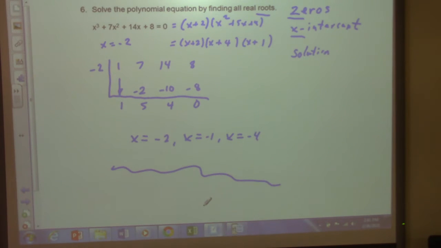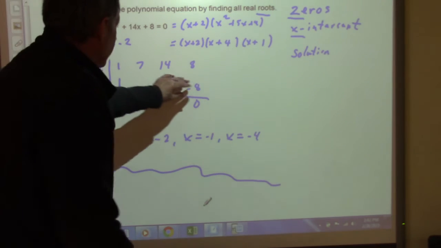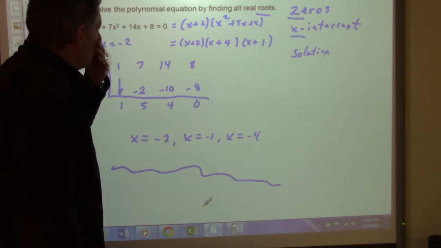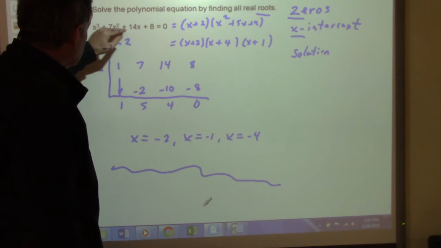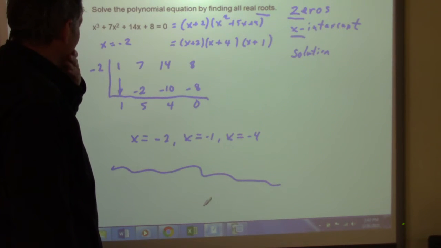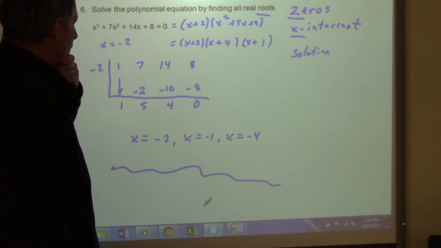Mr. G, I have a question. Yes? So whenever you're synthetically dividing, the number that you choose, like negative 2, is it always going to be a factor of the last digit? Like the 8? So if you choose negative 2, is that negative 2 going to be a factor of 8?